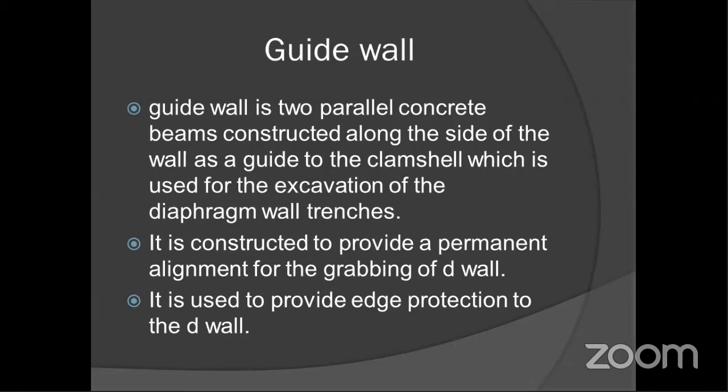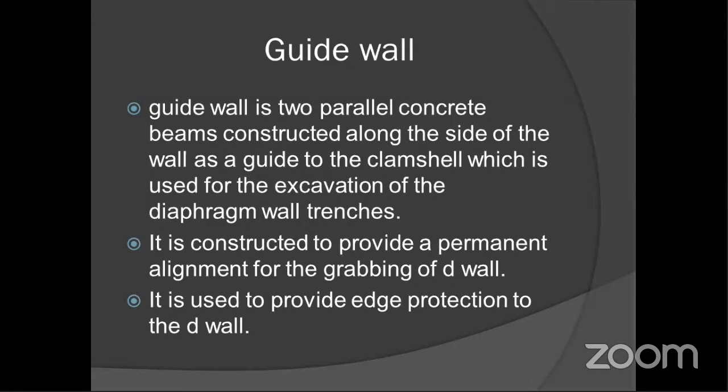Actually, suppose if we have to cast at RL12, then if we are going for RL12, we can place our cage based upon that only, so that we can reach that level. And we can also check whether we have reached up to our decided depth or not. We can calculate all these things based on the guide wall top portion.